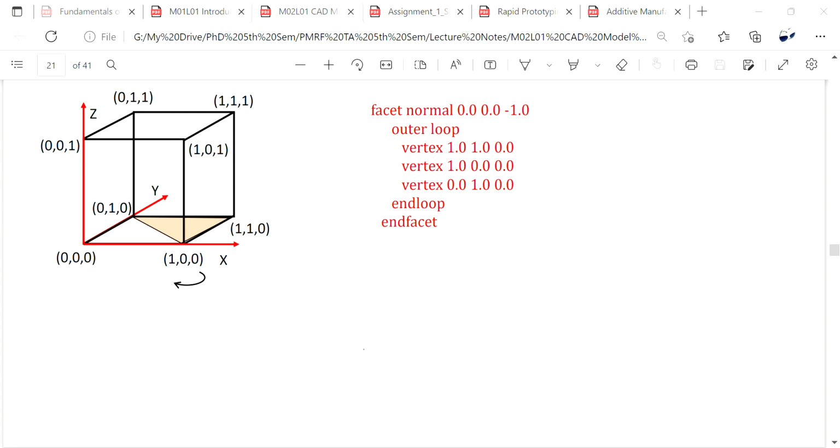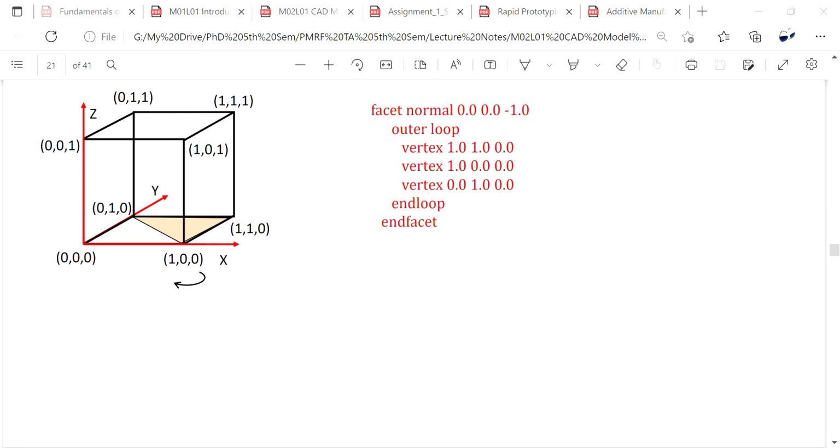So now the rule is, as we know, this is the common rule: consider n triangles available on the top surface, and each angle is equal to 360 degree by n.